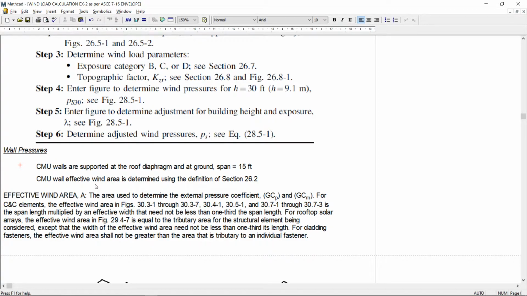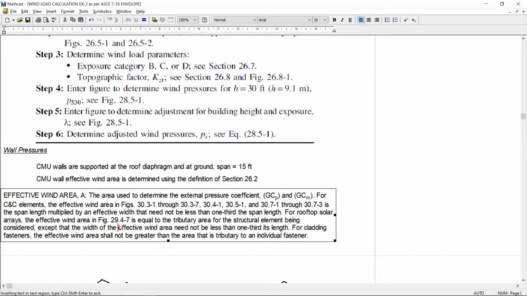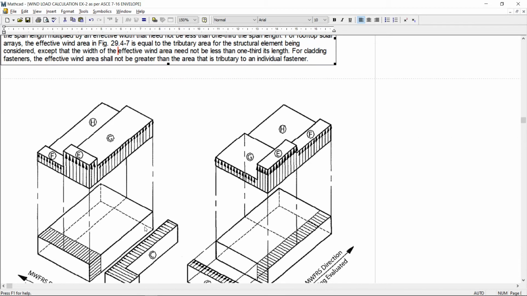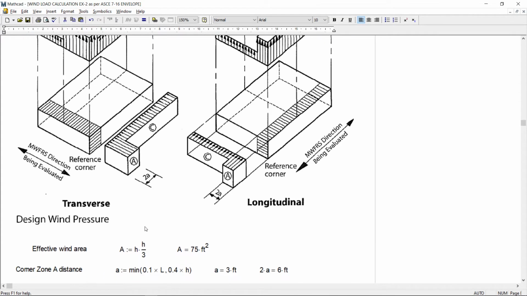So the effective wind area is calculated as per the definition in 26.2, that is effective wind area A. The effective area used to determine the external pressure coefficient GCP. So what we can do, that this is the figure which we apply.